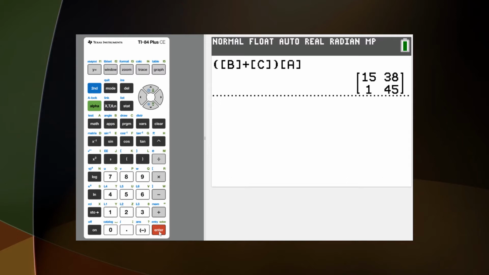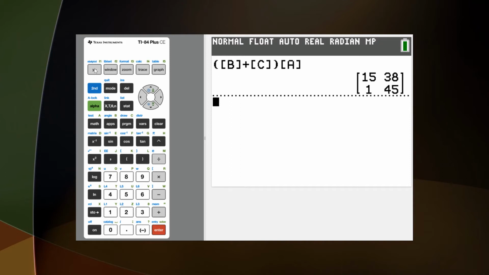All right, now we're going to test to see whether matrix B times matrix A plus matrix C times matrix A, see if this holds true. And if it does, then the distributive property is going to hold true, unlike the commutative property, which did not hold true.